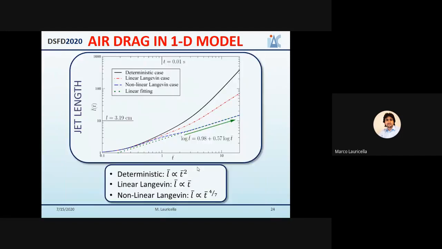And by probing the asymptotic behavior of these three models, we can observe indeed that the nonlinear Langevin model presents a clear different asymptotic limit, where the model without air drag follows the classical free fall regime. The second scales linearly with the time, and the last follows a power dependence set by the empirical coefficient.